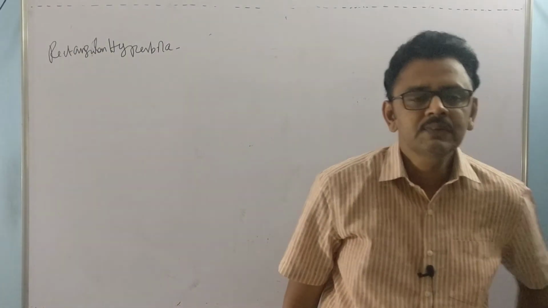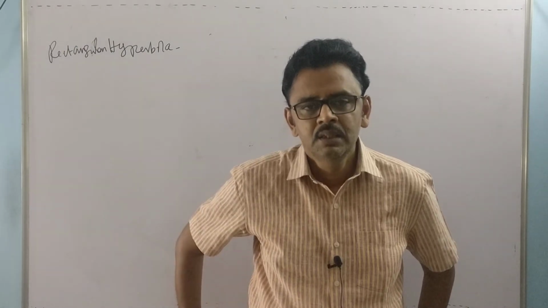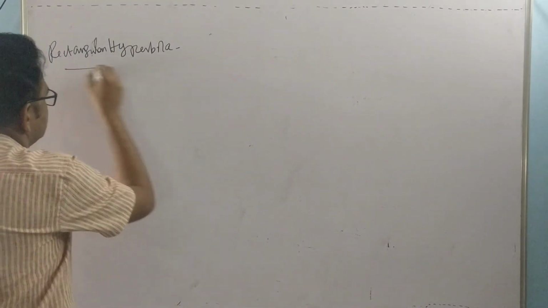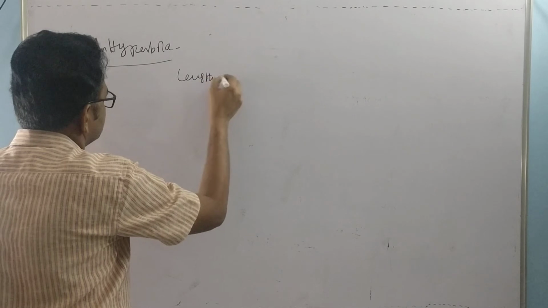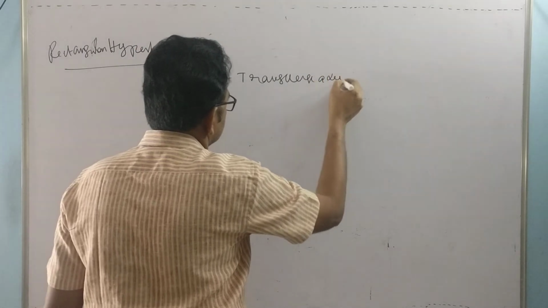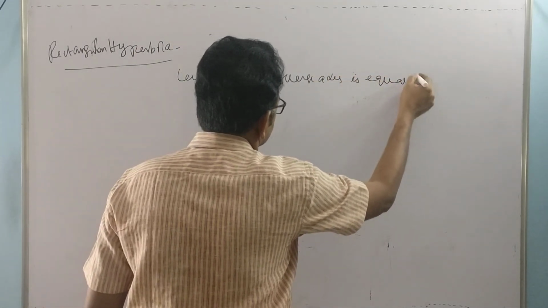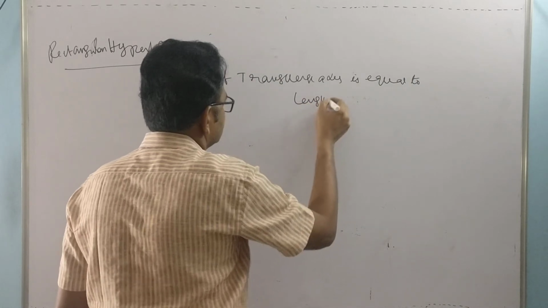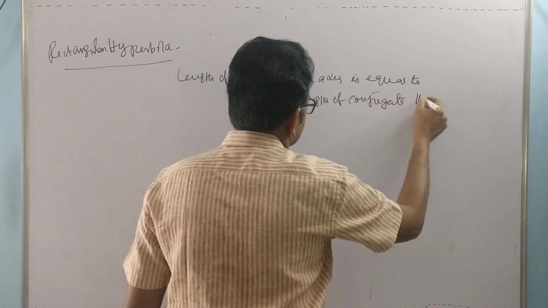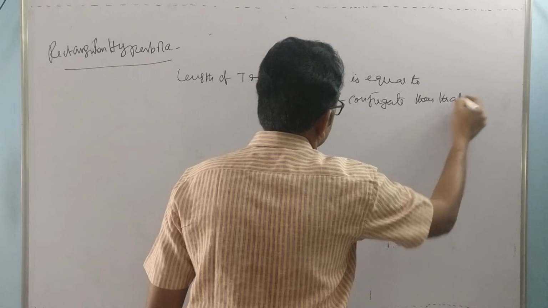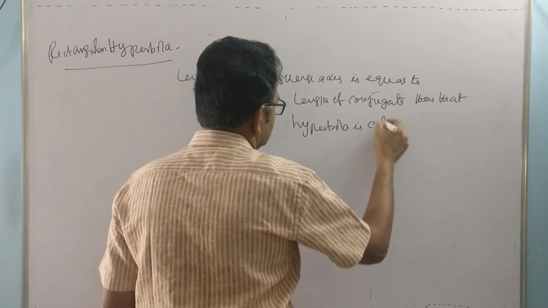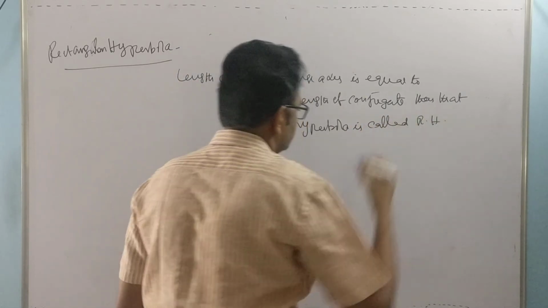If the length of transverse axis is equal to length of conjugate axis, then that hyperbola is called rectangular hyperbola.